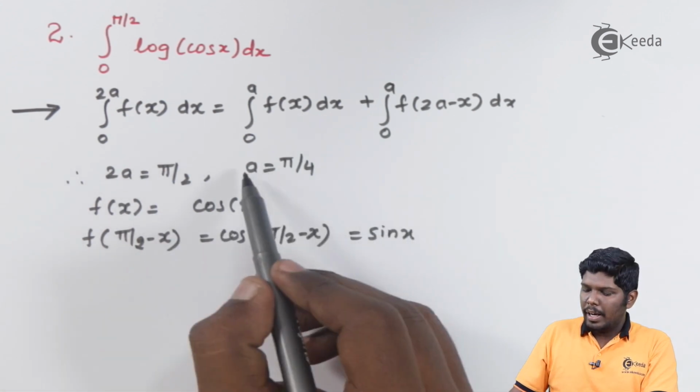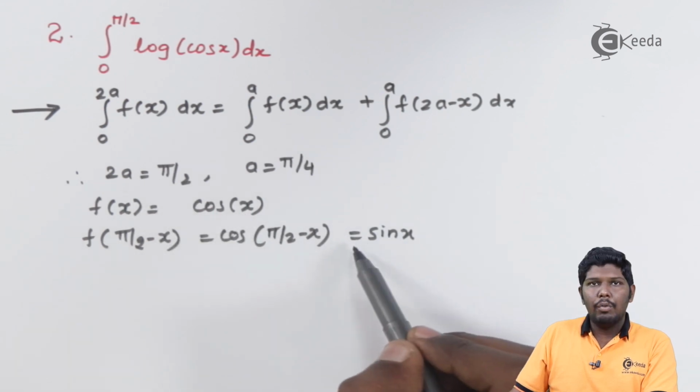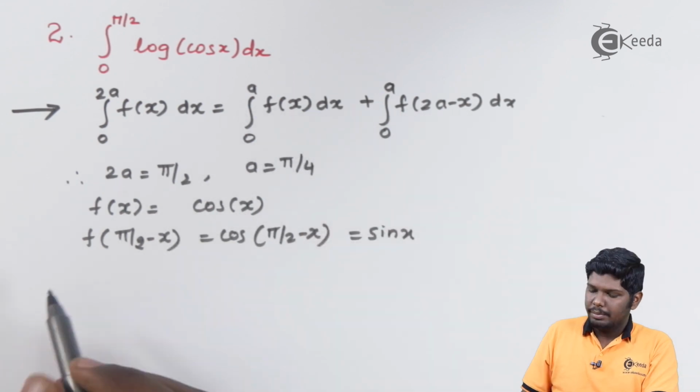Now let us substitute the value of a, f of x and f of 2a minus x in this property.